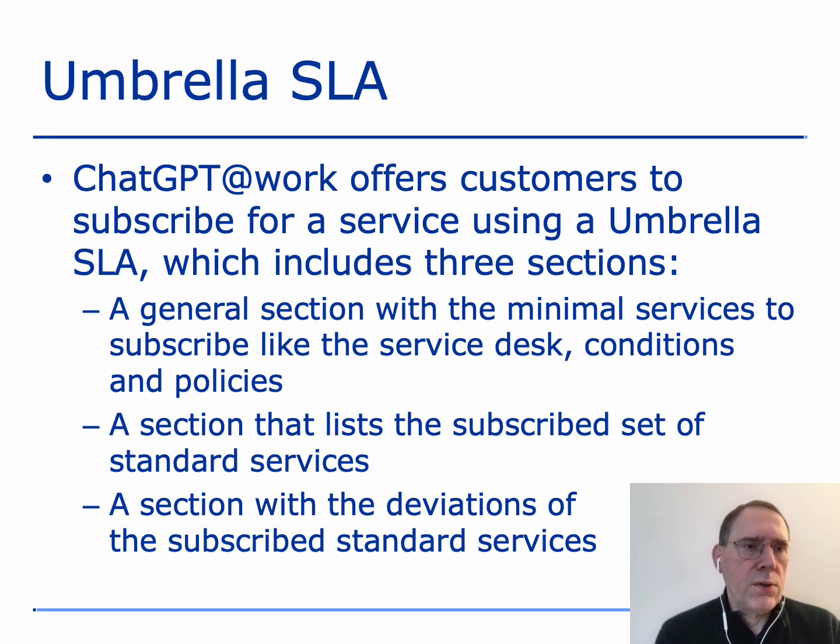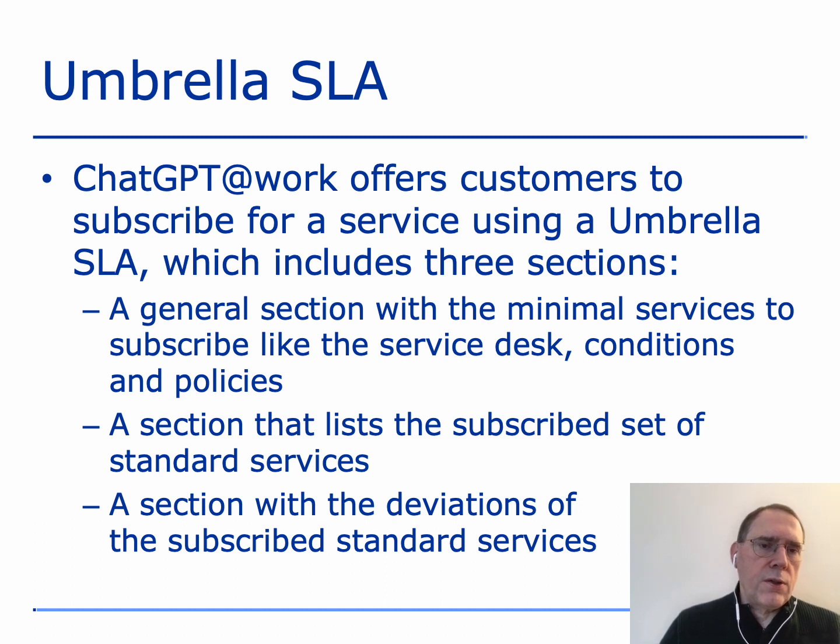Next to that umbrella general section, you can add the specific services that you want to agree upon by service SLA, and the deviations that you want to have in a customer SLA attached to the umbrella SLA.